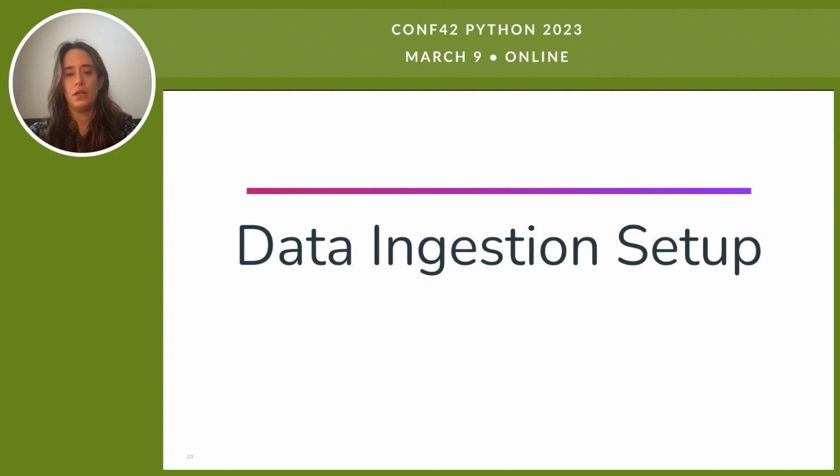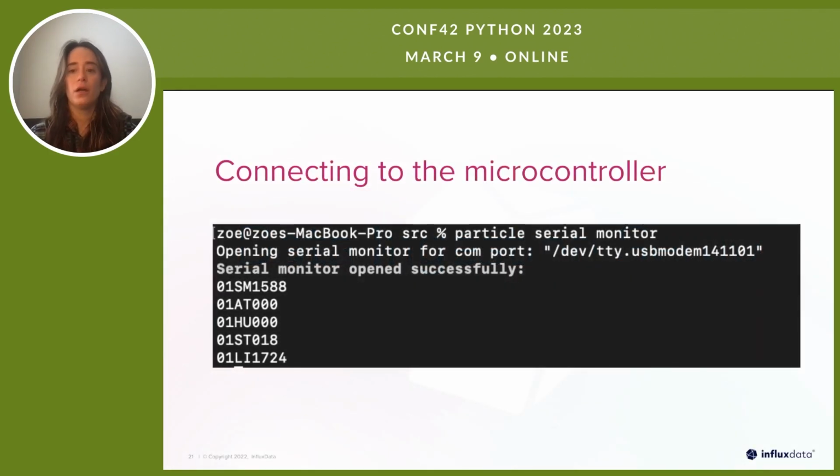Now let's talk about our data ingestion setup. I'm not going to go into depth on how to set up the microcontroller, only because each one is unique and its setup instructions vary, so just follow the appropriate ones. But for the sake of understanding the code from here on out, be aware that mine is running on a port on my computer because it's plugged in directly.